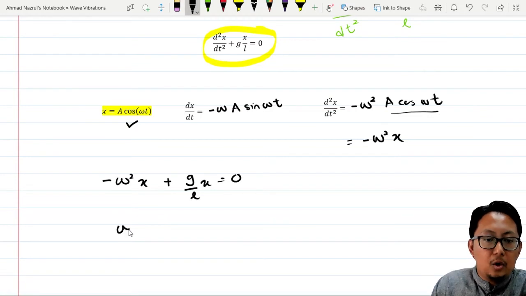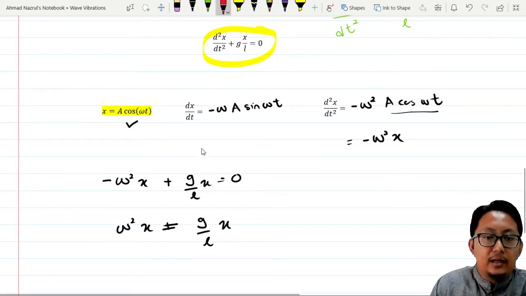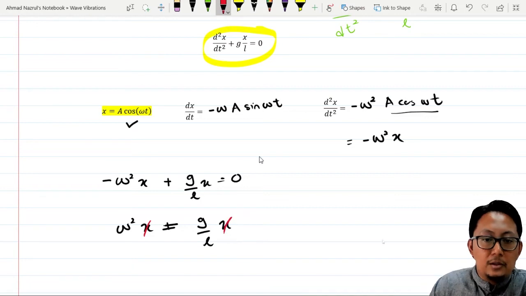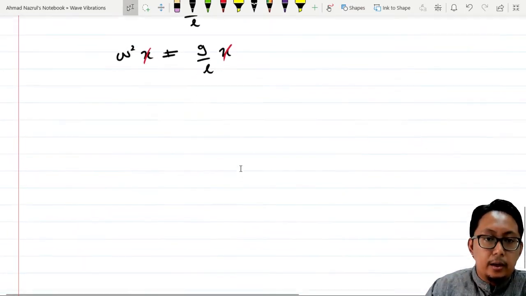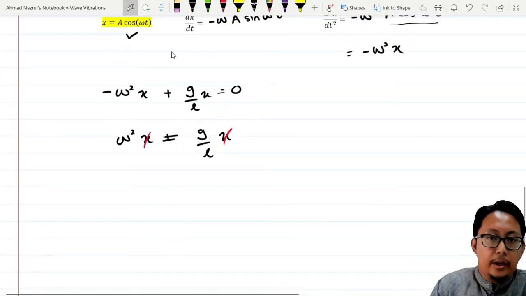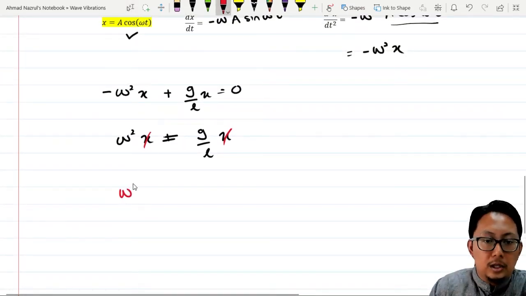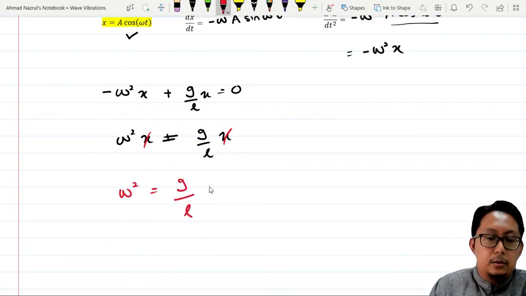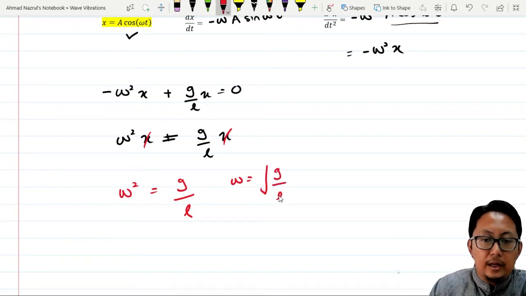We have omega squared x equal to g over L x. Remove x because we have x on both sides. So finally, omega squared is equal to g over L, or omega is equal to the square root of g over L.